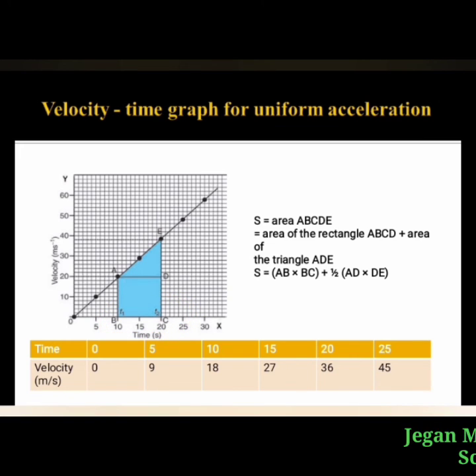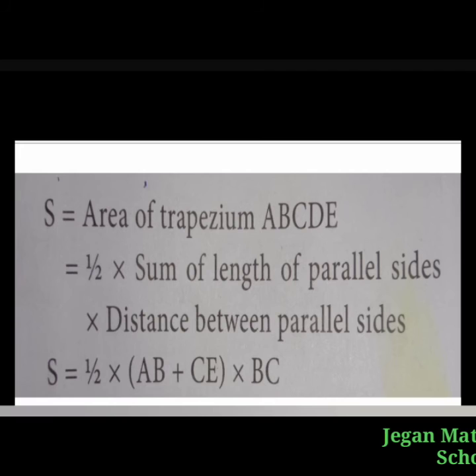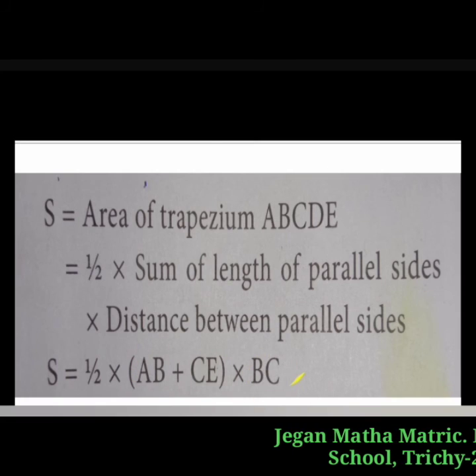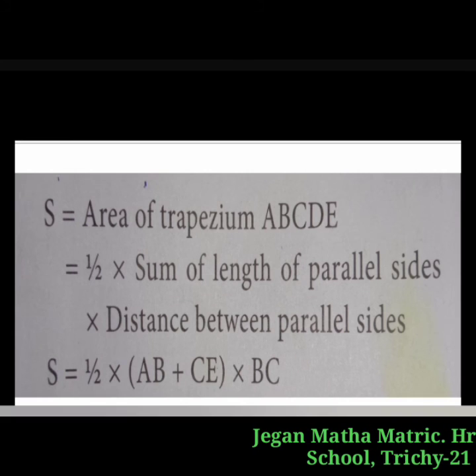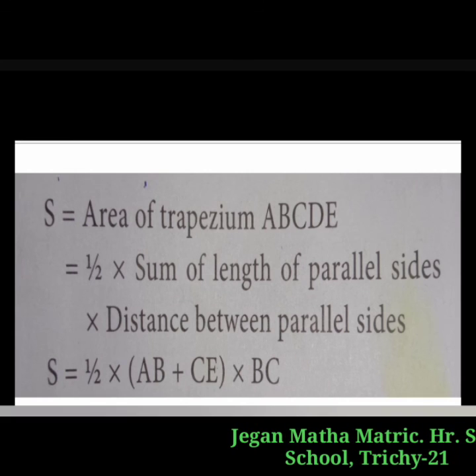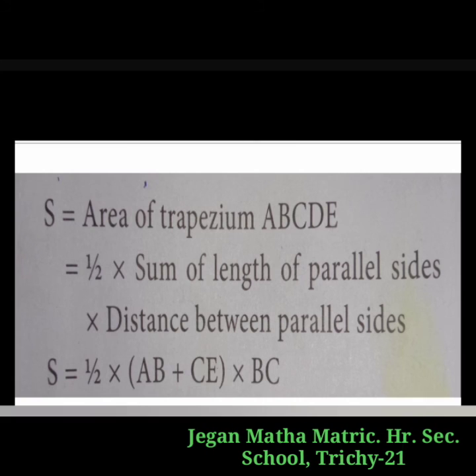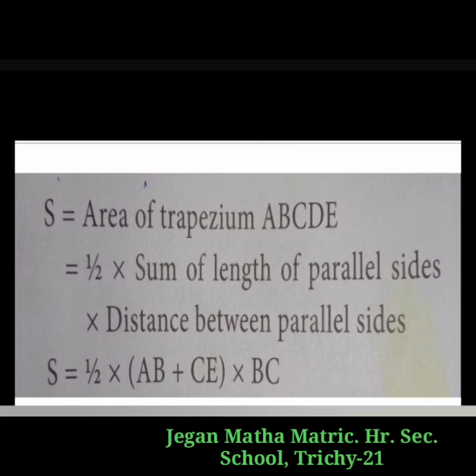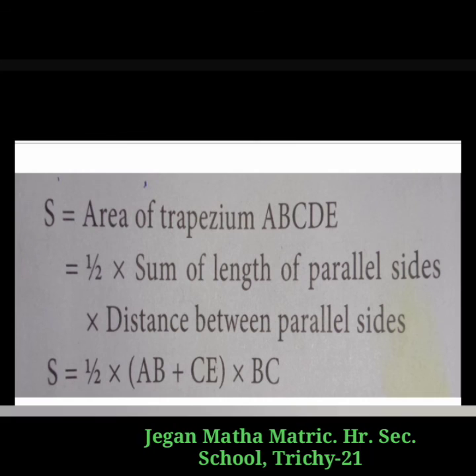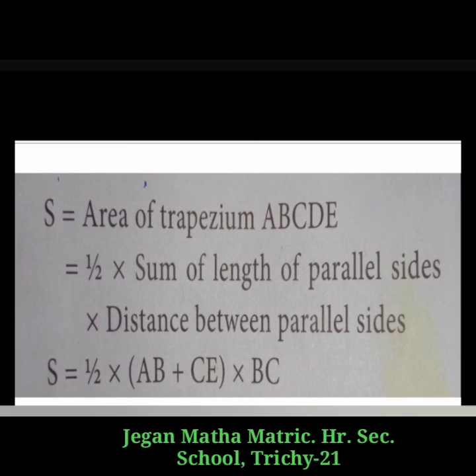Here the parallel sides are AB and CE, and the distance between the parallel sides is BC. So half into AB plus CE, into BC, gives the displacement or distance moved by the car in a given interval of time.